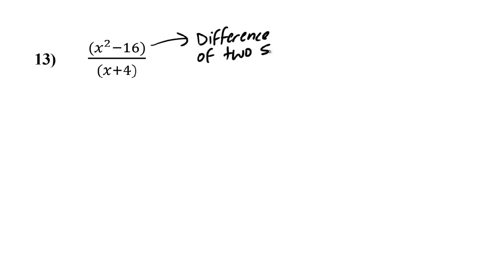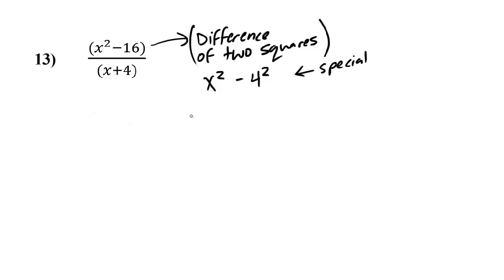So I will write out what I mean when I say that. This is the difference of two squares because it is x squared minus 16, which is 4 squared. So we have something squared minus another something squared. And anytime we have this format, it is special. And we don't even have to do the x factor.